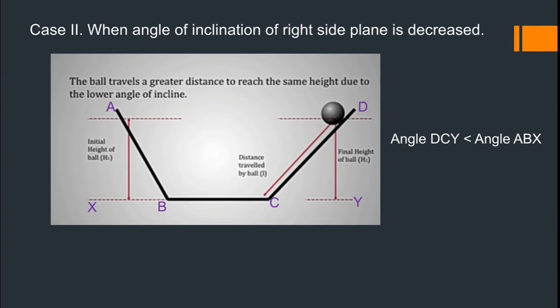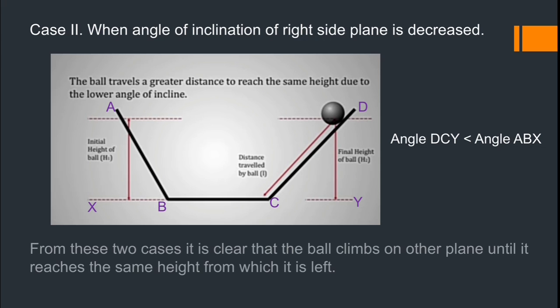So from these two cases we can say that as the inclination of the plane CD goes on decreasing, the distance covered while climbing up by the ball goes on increasing. And why does this distance go on increasing? Because every time the ball tries to attain the same height from which it is left.